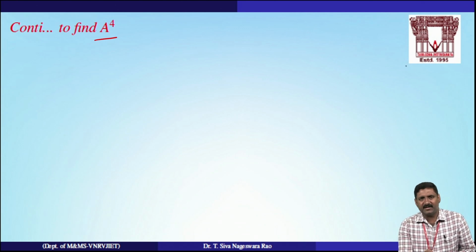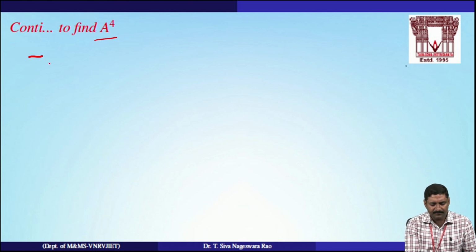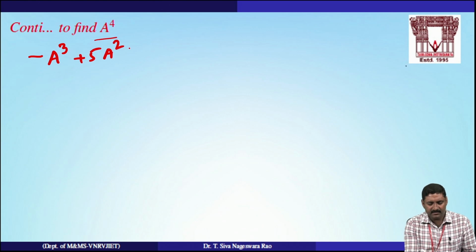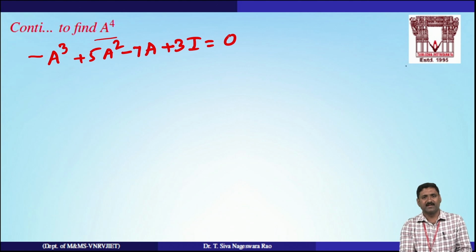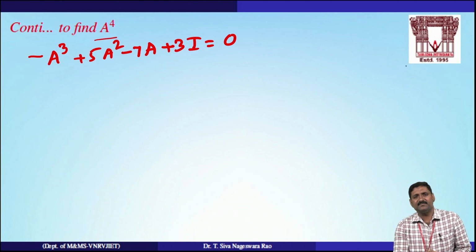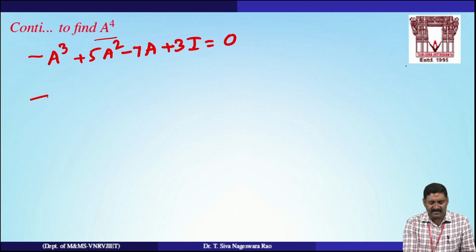In view of the power of the matrix, again we will take the matrix equation. What is the matrix equation? Minus A cube plus 5A square minus 7A plus 3I is equal to O. Anyway, we want A power 4. So on both sides of the matrix equation we will multiply with capital A. Then what you will get?